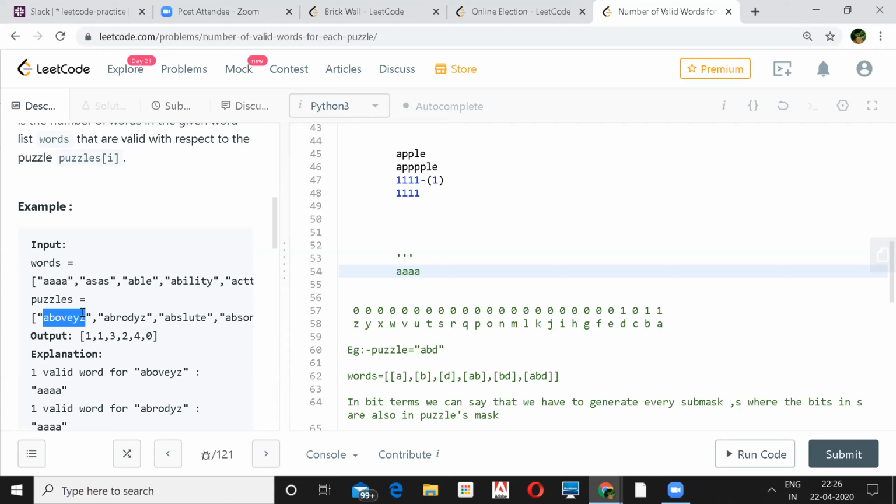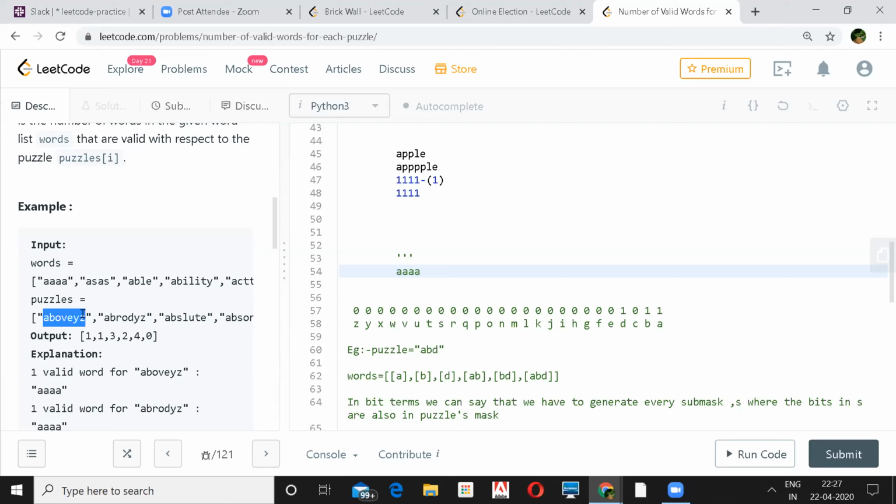If it is a subset, it should also contain the first character. Our first duty will be to check that the first character matches with this. After that, check if this is a subset of this puzzle. To check that subset, we only need to AND the two bitmaps, and if it still equals A, then we know it's a subset.